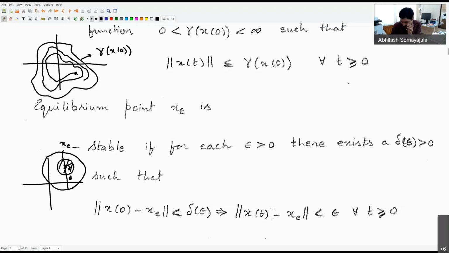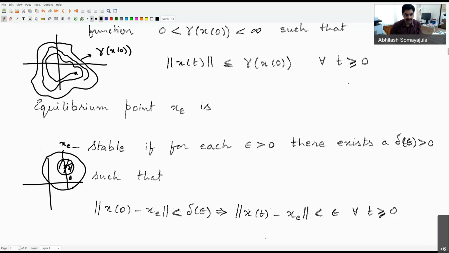So the idea of stability doesn't necessarily mean that we should reach the equilibrium point. That is not what a stable equilibrium point is telling you. It doesn't say that over time I will just stay at xe. Nowhere am I saying that.